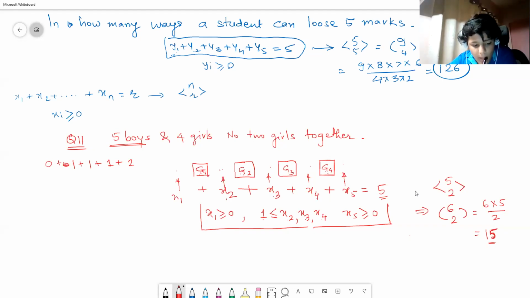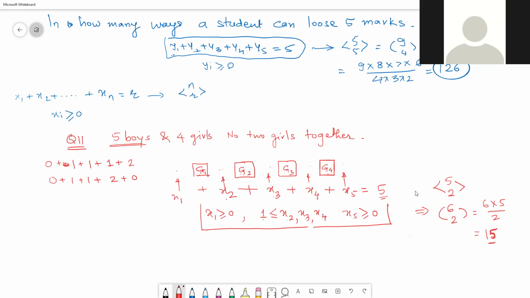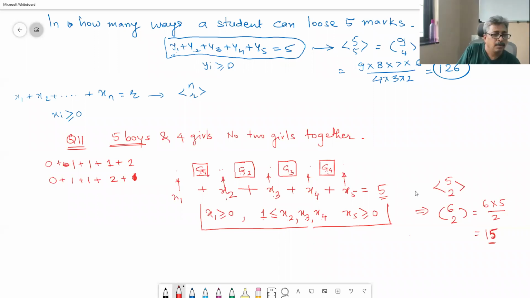Okay, so 0, 1, 1, 1, 2. I'm trying to do it in alphabetical order by keeping these three numbers greater than or equal to 1.